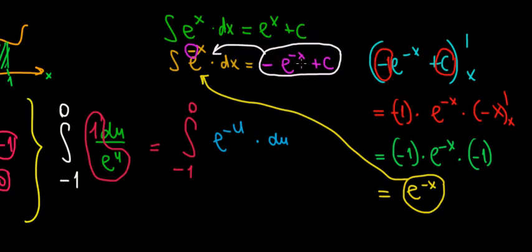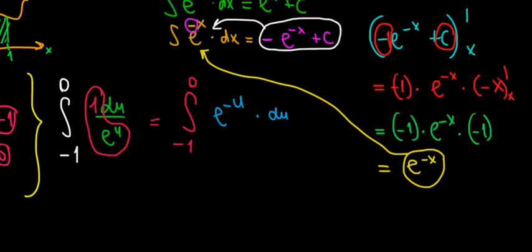Now, with that said, we're going to apply this power rule of the e number, right? This is an actual number in this case. What's it going to be? Let's see.